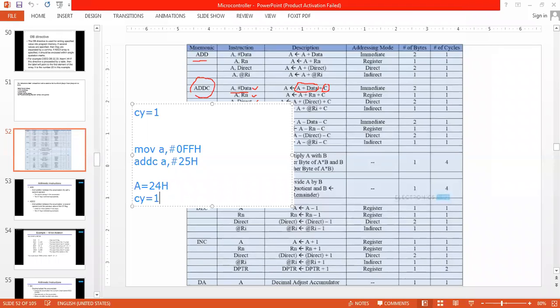Correct? What is F plus 5? F plus 5 is 14. Correct? F plus 5: 10, 11, 12, 13, 14.